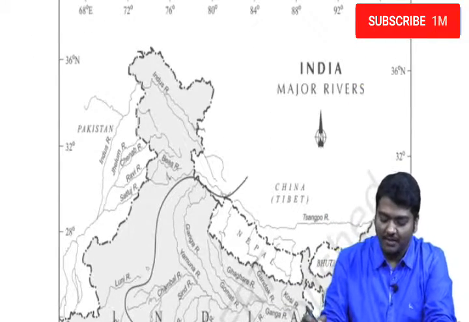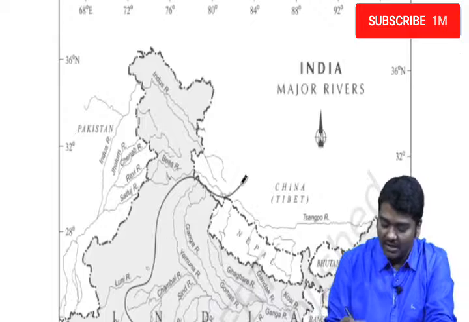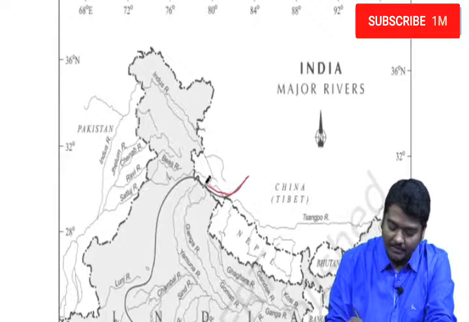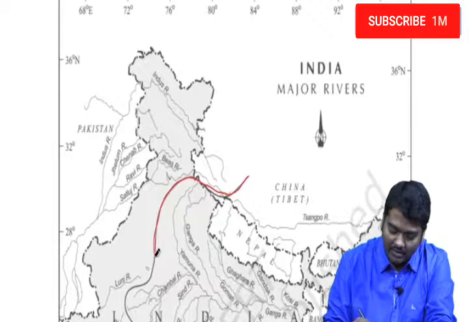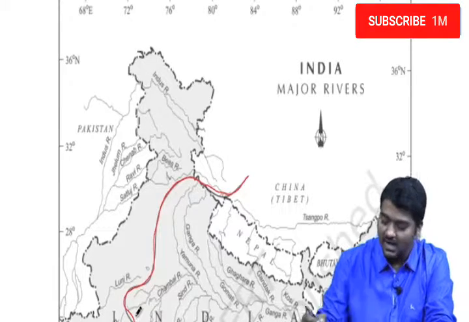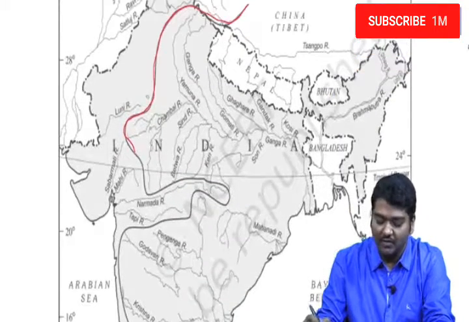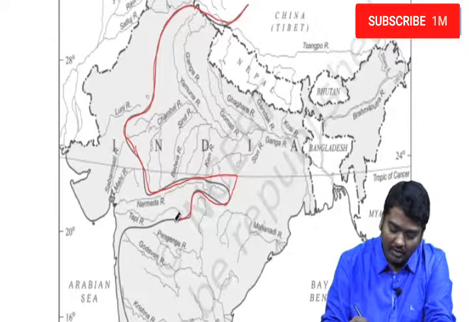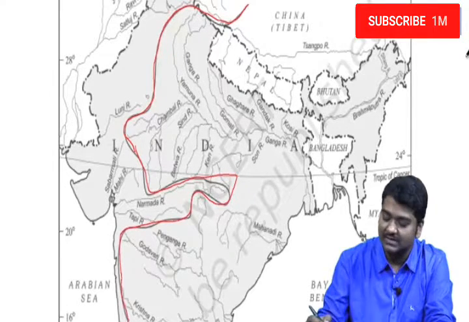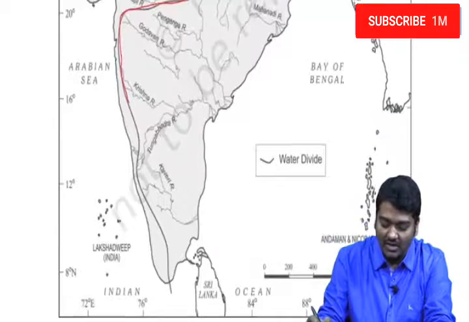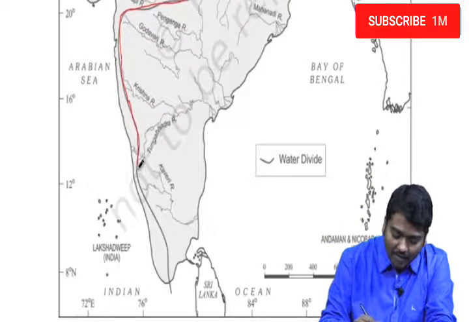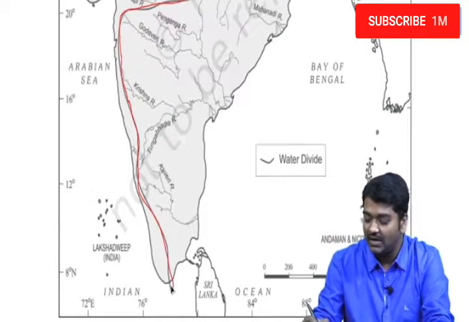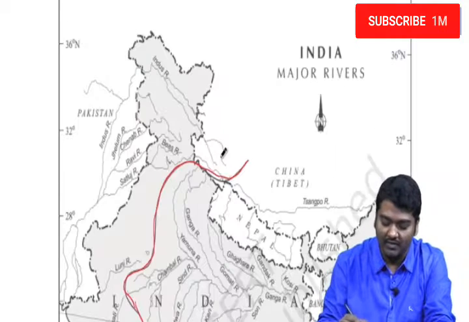In the picture here, they have tried to give you a division between the east flowing rivers and the west flowing rivers. Usually the east and west flowing rivers we do in the peninsular rivers, but we don't try to do it for the Himalayan river system as well. If we consider Indus water, then the Indus actually comes under the west flowing river. Can you see here?